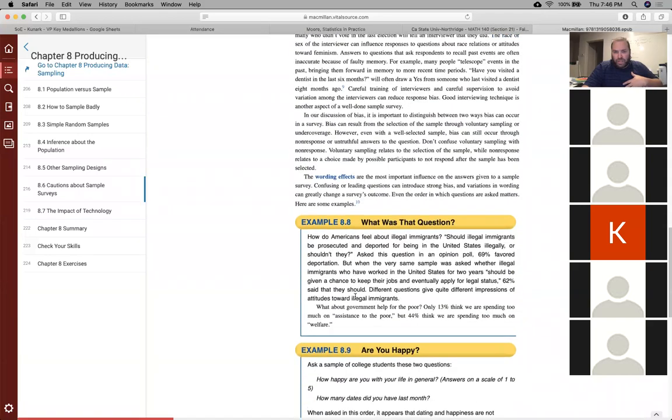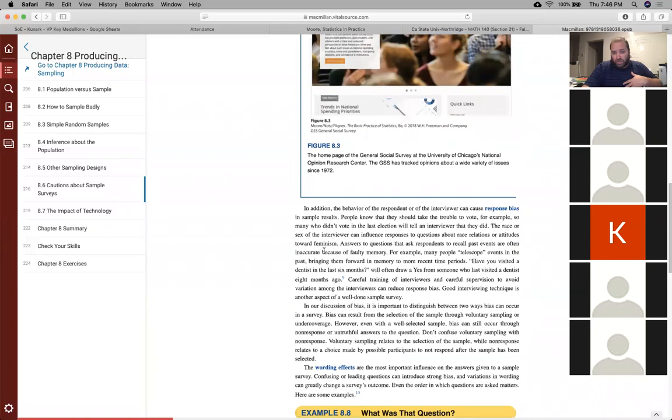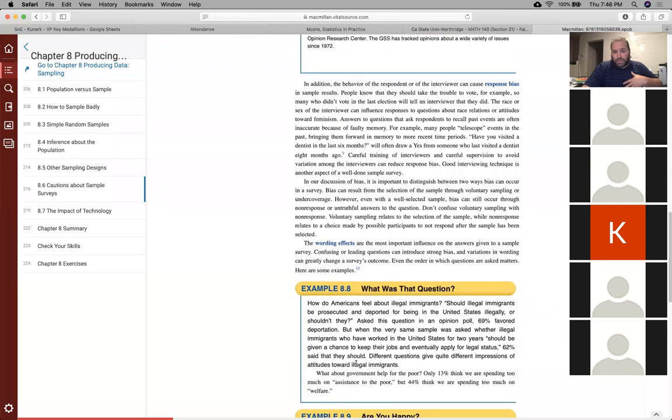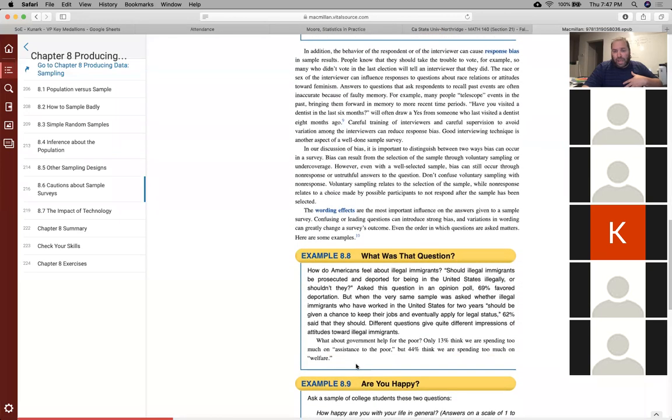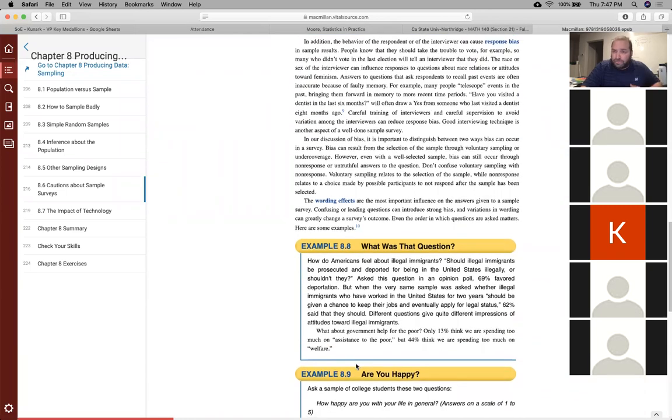And of course, there's the wording of a survey, okay? For example, suppose I ask you the question, I like this one here: how happy are you with your life in general? Answer on a scale of 1 to 5. And you're like, well, life is good. I got my health.